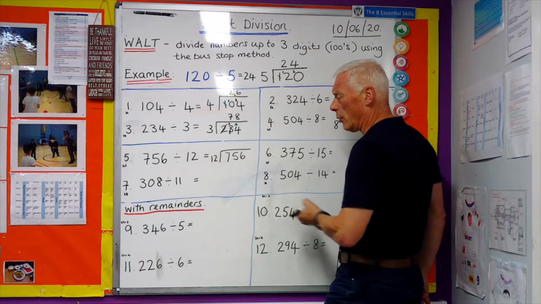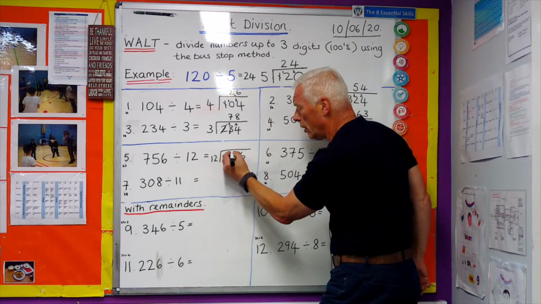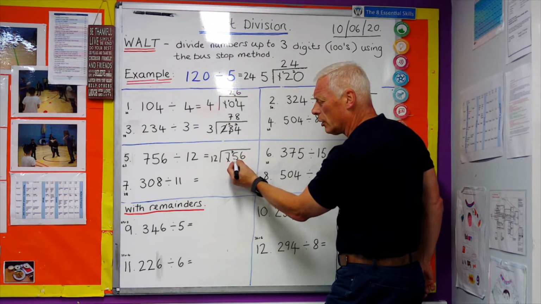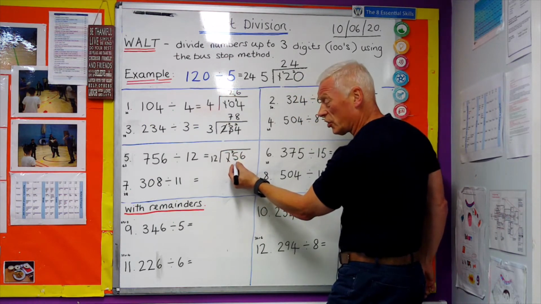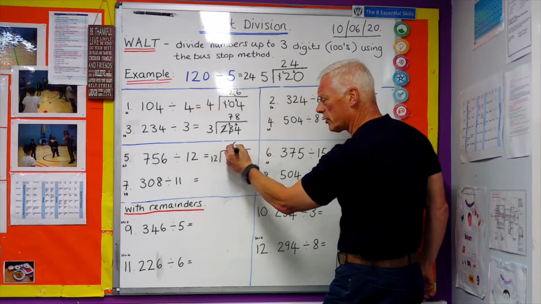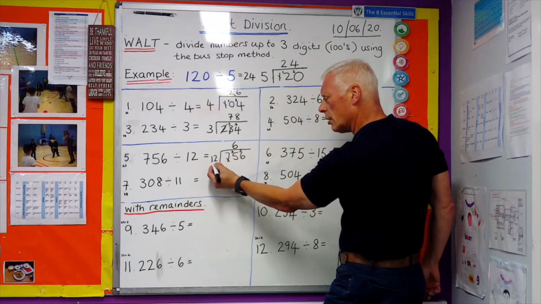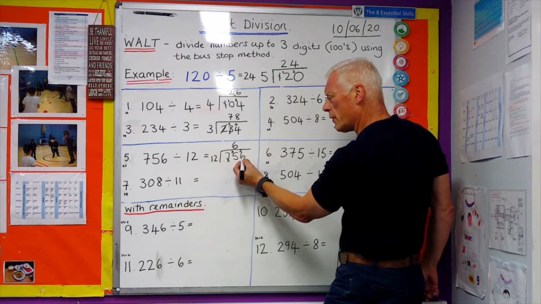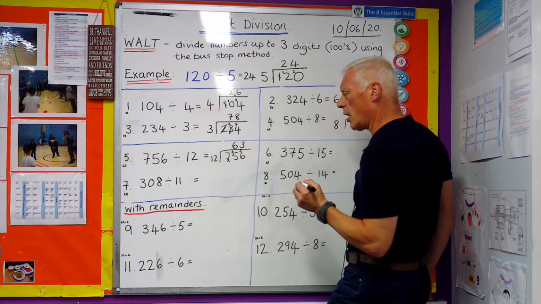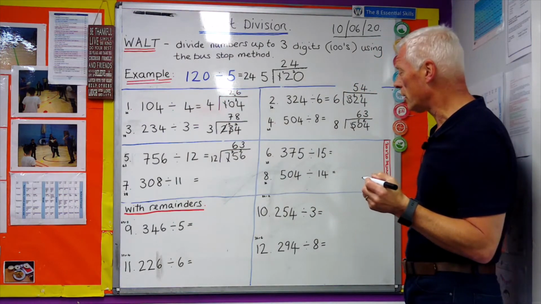Now 12s into 7, that's obviously not going to go. 12s into 75, well 6 12s are 72, so that'll go 6 times, which leaves 3. 12s into 36 will go 3 times. So 756 divided by 12 is 63.